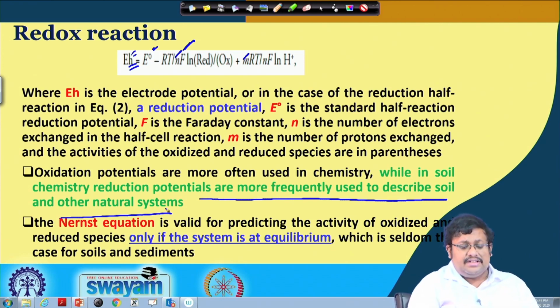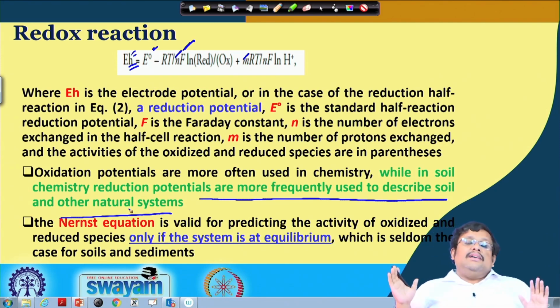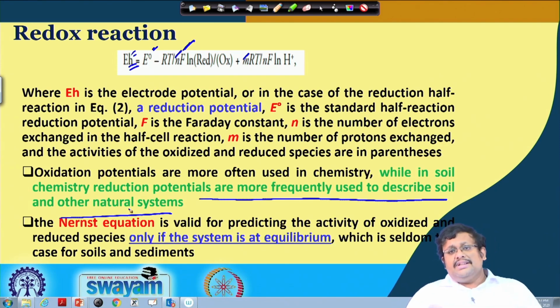Again, this Nernst equation comes when we express the reduction equation in terms of electrochemical energy, in terms of millivolts; we can get this Nernst equation form.